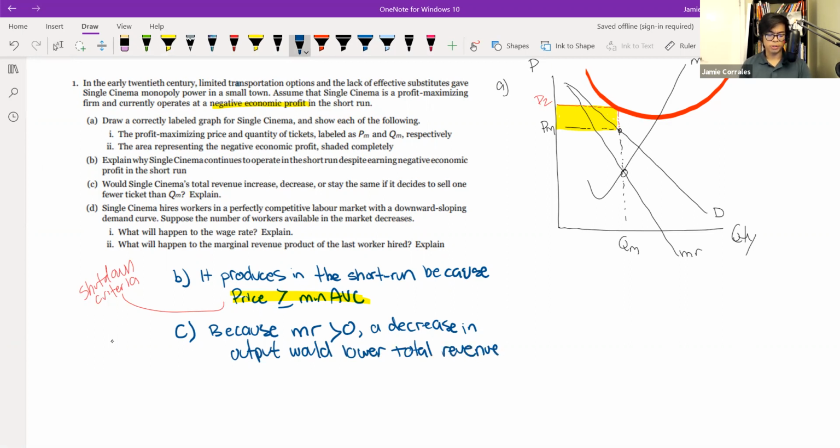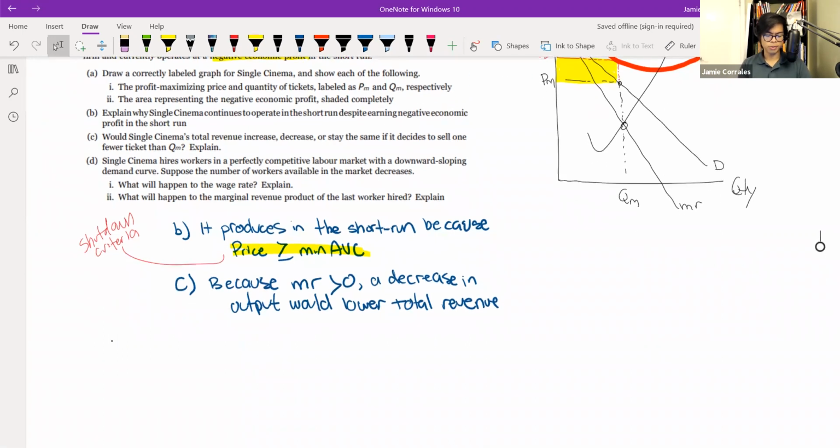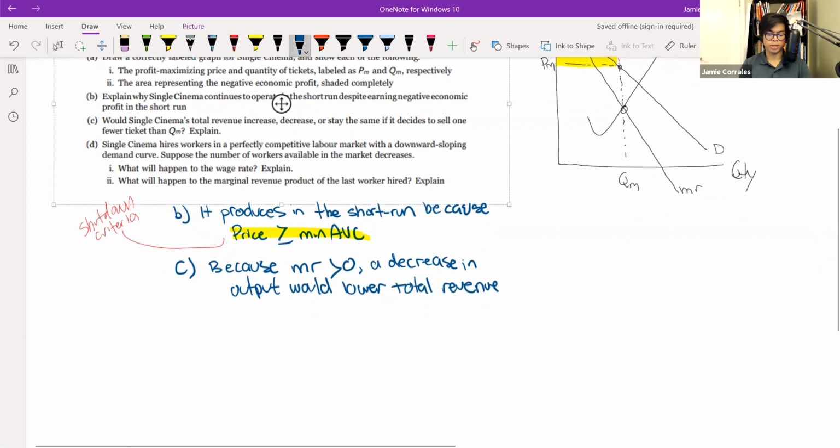That's part C. Part D, a single cinema hires in a perfectly competitive labor market. Sure, sounds good. Suppose the number of workers available in the market decreases. What happens to the market wage rate? Explain. So, we're looking at the market here, and it's a perfectly competitive market.